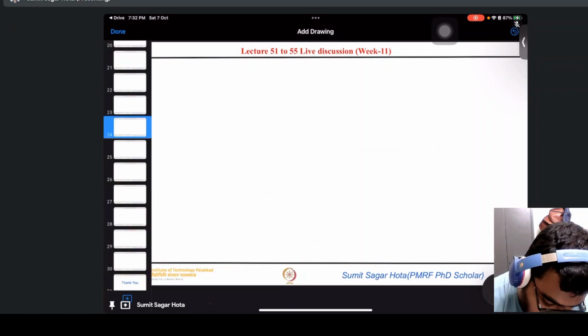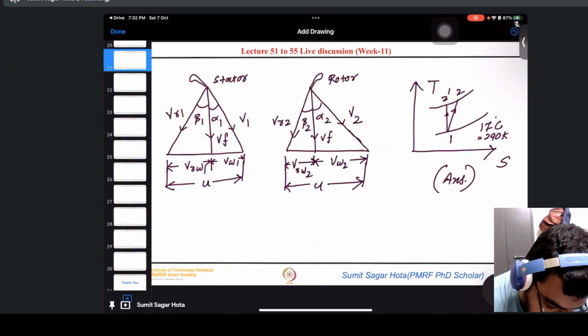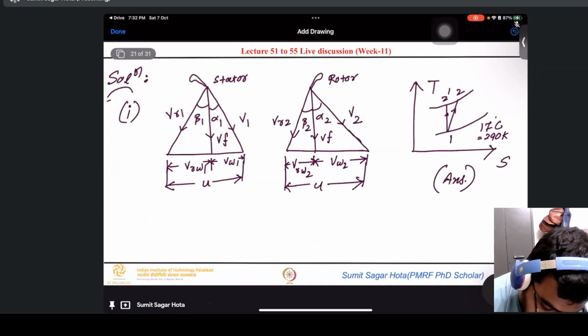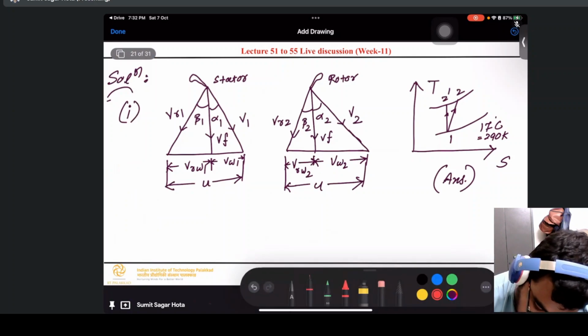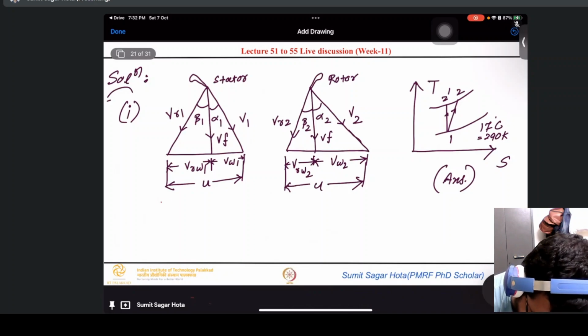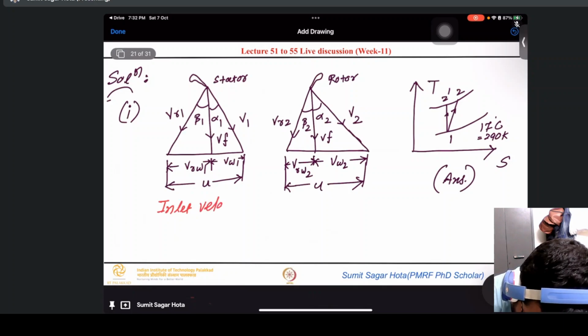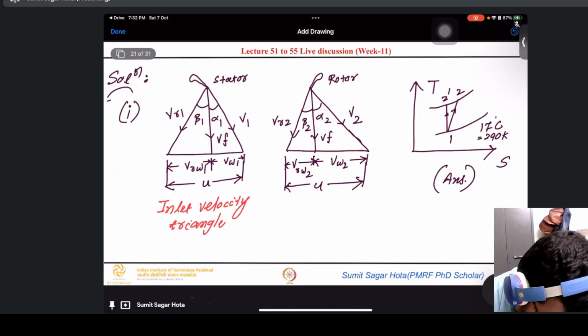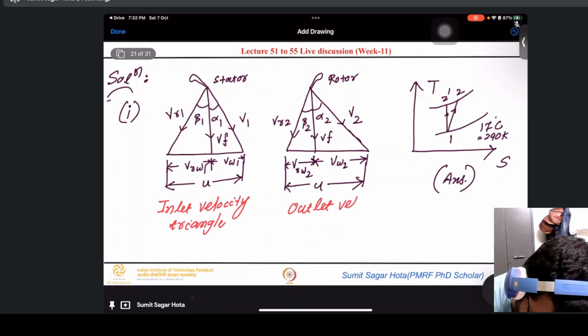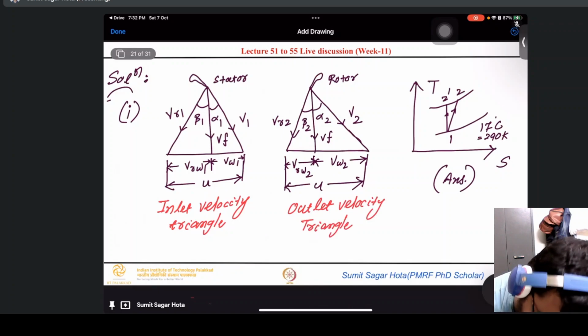One thing you should note here is that stator means inlet. In other words you can write down inlet velocity triangle, outlet velocity triangle.